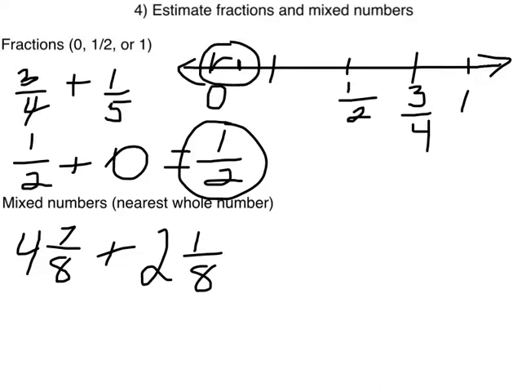If we actually did the math on this one and found out the actual sum, we would multiply opposite denominators, and we'd be able to figure out if our estimate was reasonable.